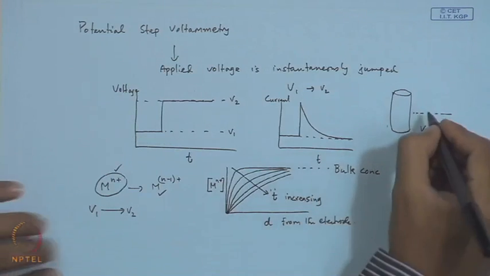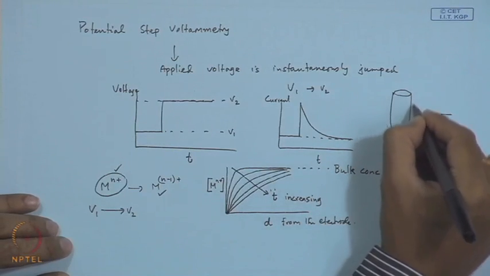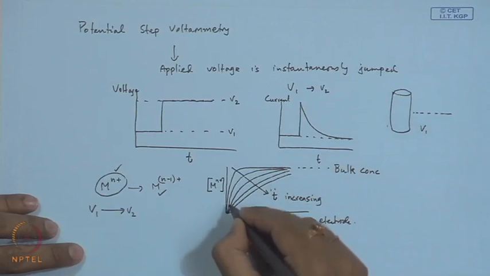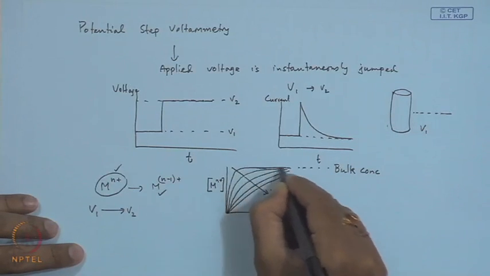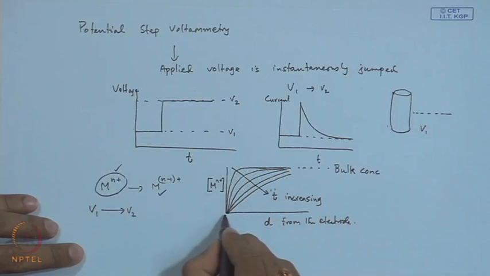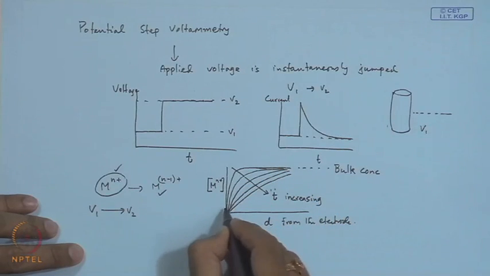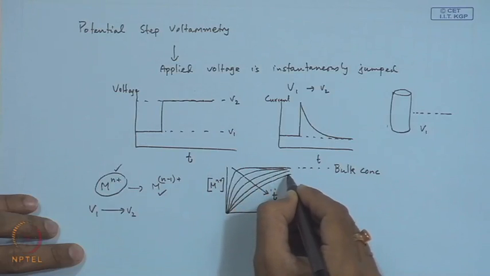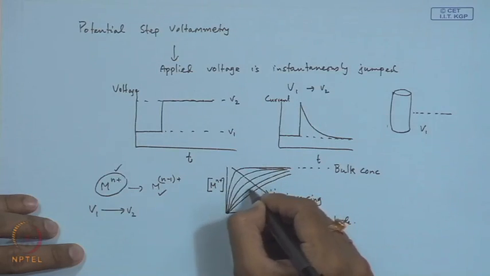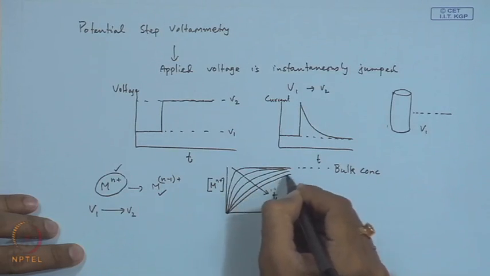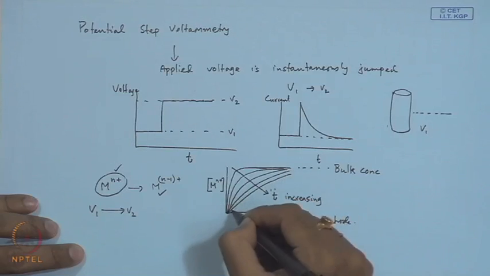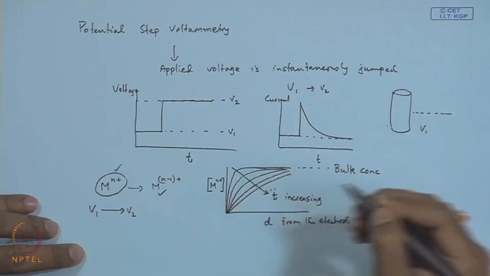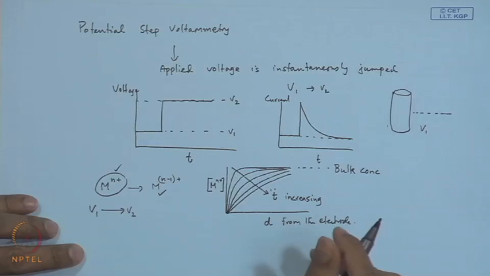Since longer time is given, initially there was a huge concentration gradient, as the distance is more, so it is bulk. Gradually this concentration gradient becomes like having a fixed value, concentration versus distance.